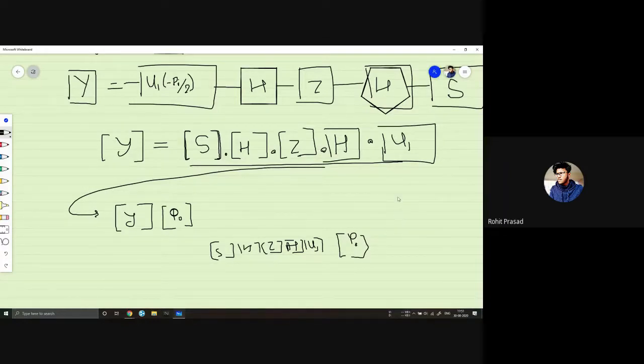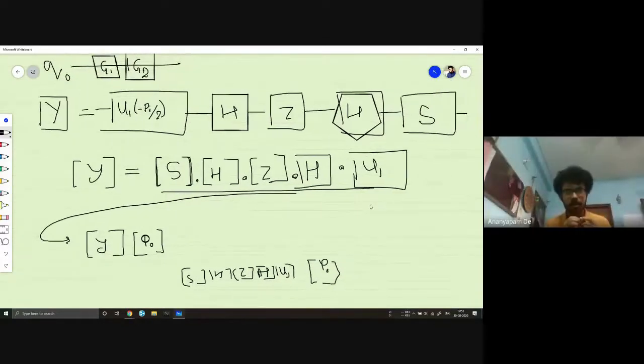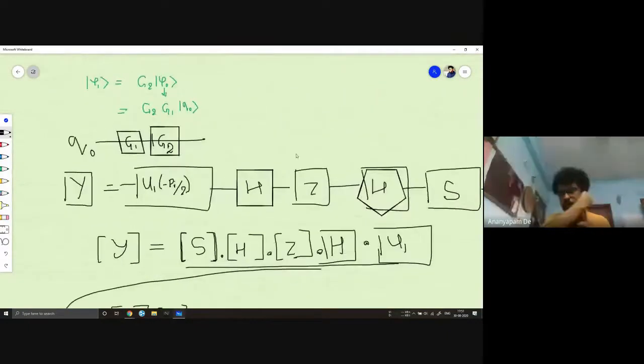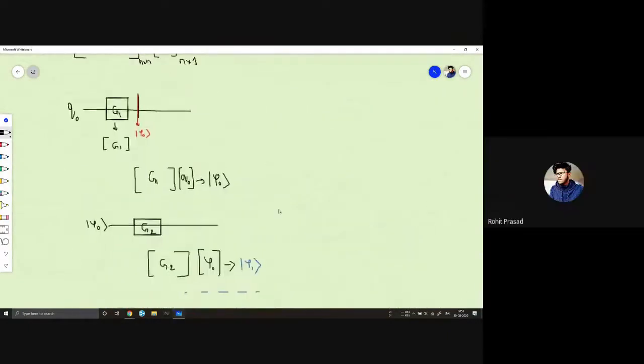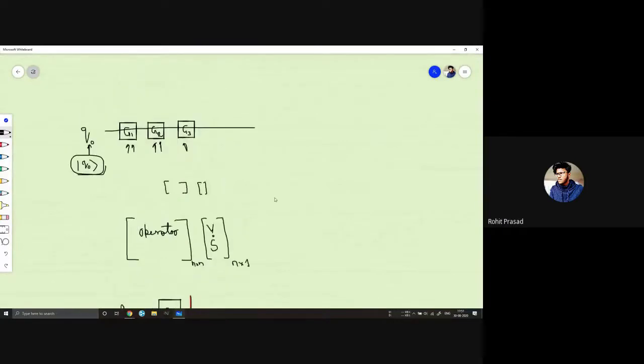Did it clear out, or did you understand now? Okay. So you can write this as G3 dot G2 dot G1. It's in reverse order, just remember this.